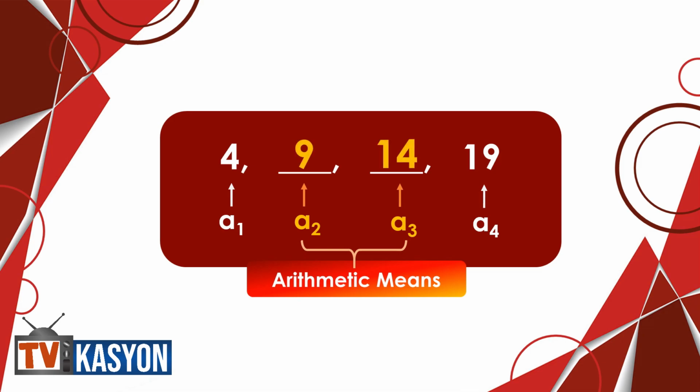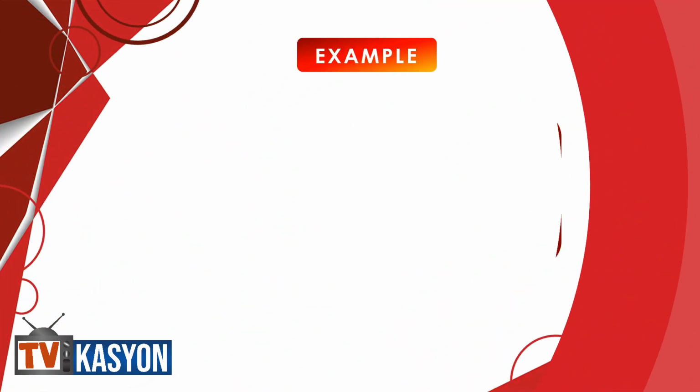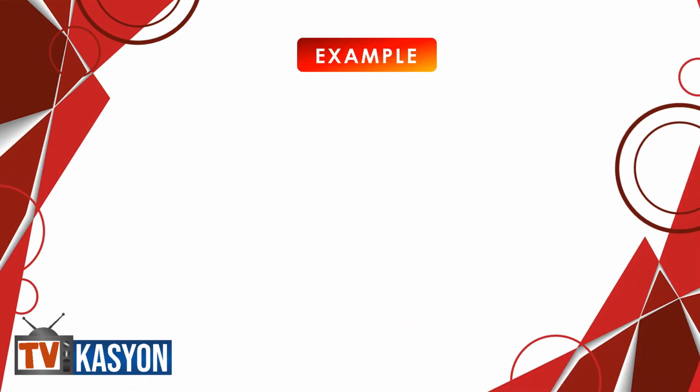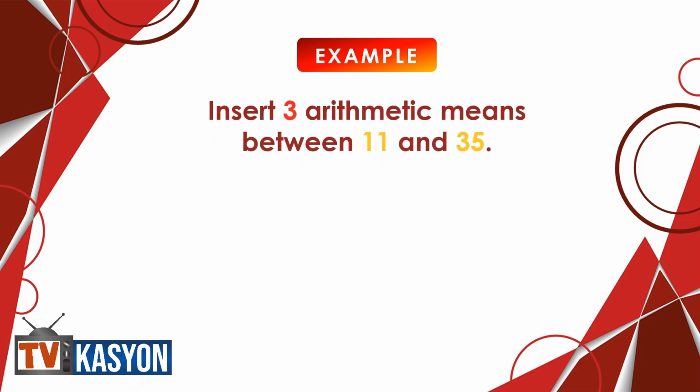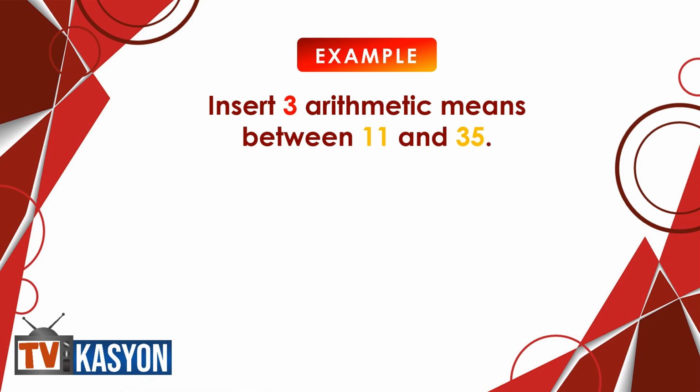Is the 5-step guide useful? It's simple, isn't it? Let's have another example, but this time, we will do it together. Insert 3 arithmetic means between 11 and 35. Since we are to insert 3 terms between 11 and 35, how many terms do we have all in all?